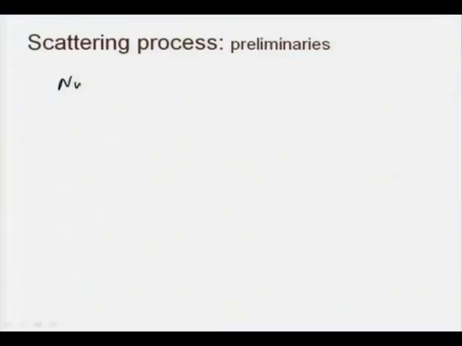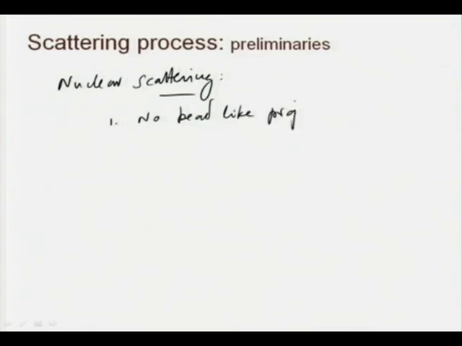And another thing is that the nuclear potential itself is not a hard sphere potential that we are considering. So, in nuclear scatterings, we have no classical bead-like projectiles. What I mean by projectile is the beam of particles which are sent to the target.